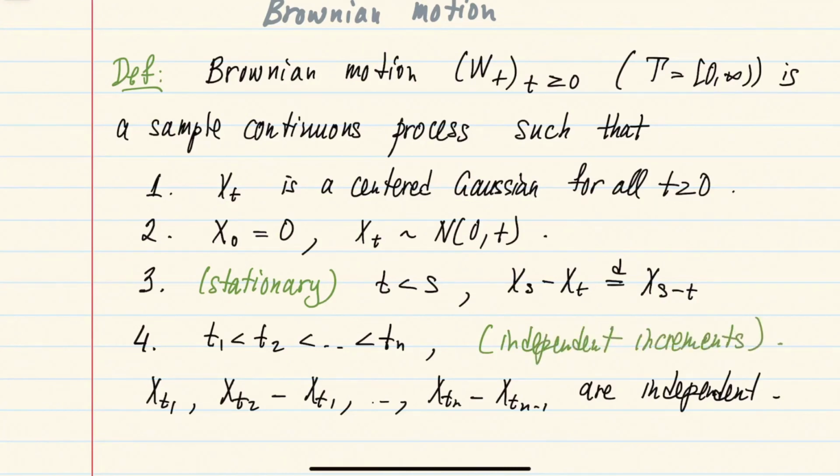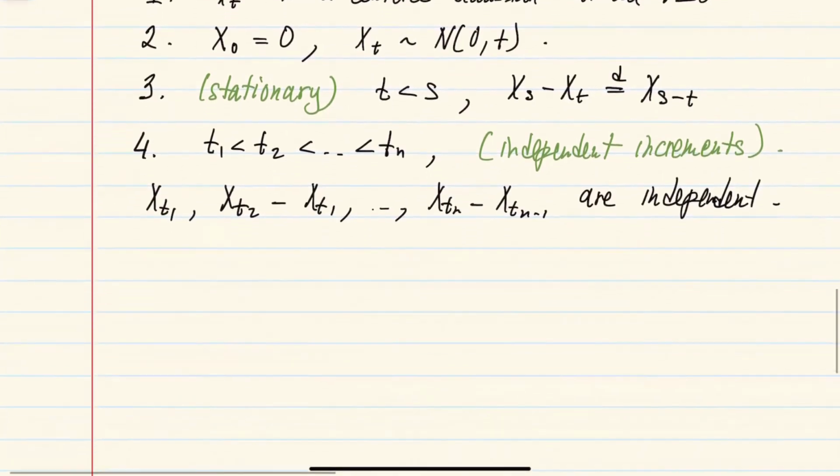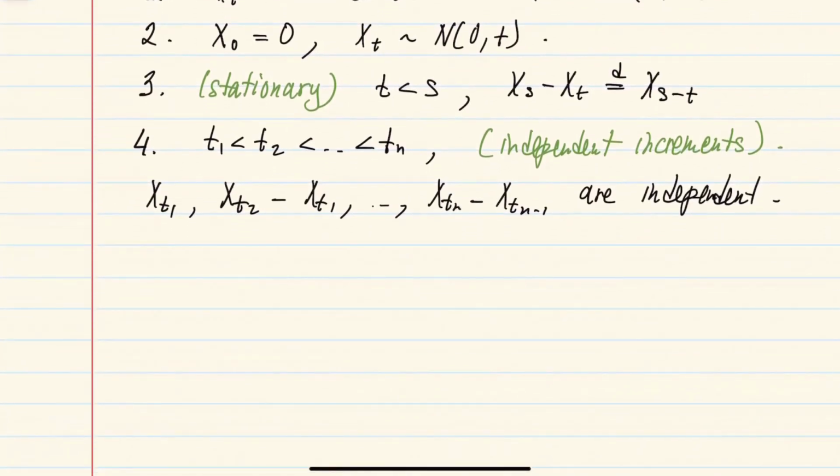Now, in number 2, although it looks redundant to mention number 1, sometimes in 2 one only specifies the distribution of this process at time 1.